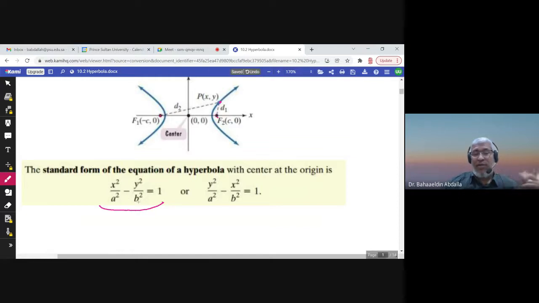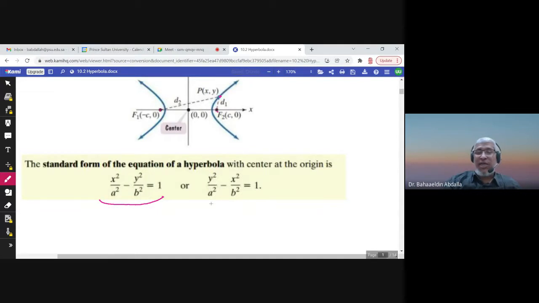But now a and b are different here. In the hyperbola, a is the distance, as we mentioned, from the center to the vertex, always. Here also a is the distance from the center to the vertex. This means that this is a horizontal hyperbola.